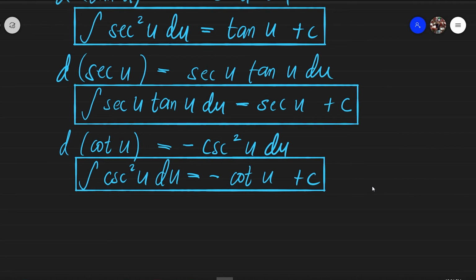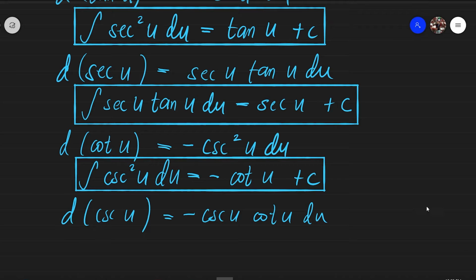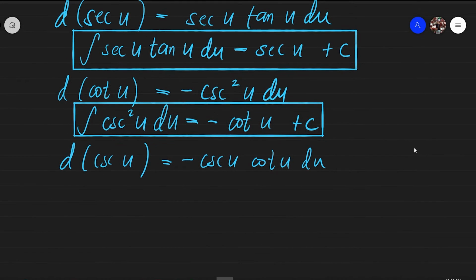And the last one, we have here the derivative of cosecant u. This is simply negative cosecant u cotangent u du. So applying the principle of integration, being the inverse operation of differentiation, we can therefore say that the integral of cosecant u cotangent u du is equal to negative cosecant u plus the arbitrary constant c.